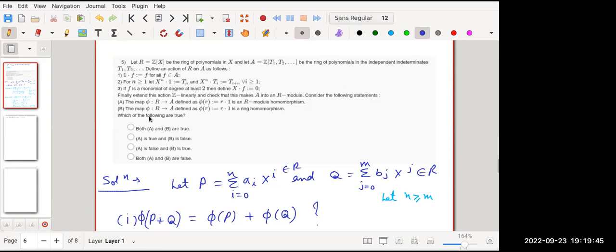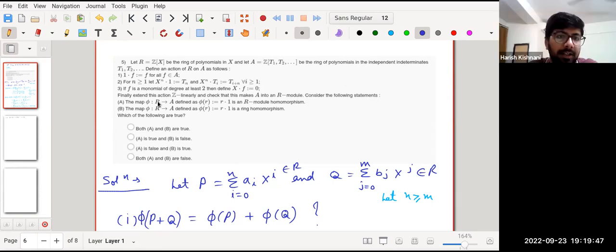Any ring is a module over itself. And over A, you have given an R module structure. For module homomorphism, both should be modules over the same ring, right? So they are modules over the same ring R. So now you can talk about R module homomorphisms.